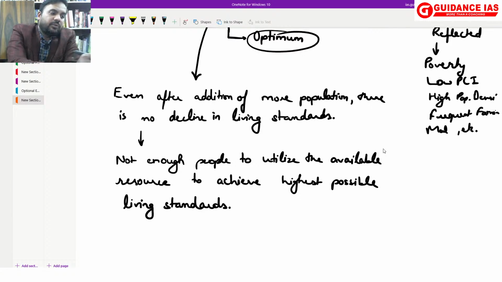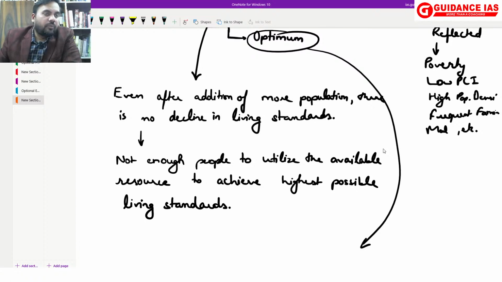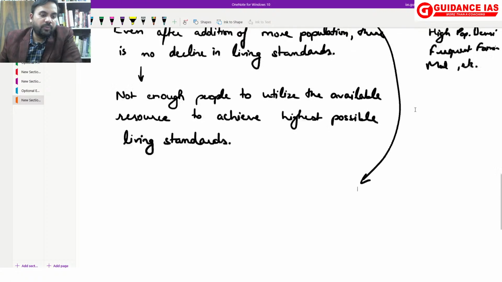So that is basically underpopulation. Then you write one paragraph on optimum population. So what is optimum population?